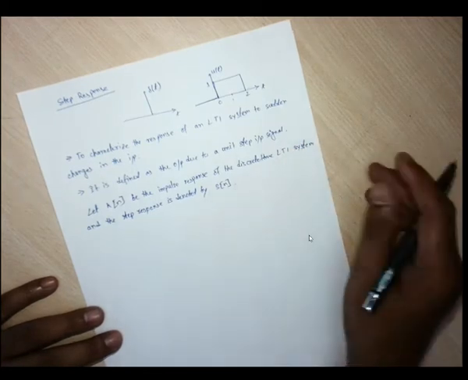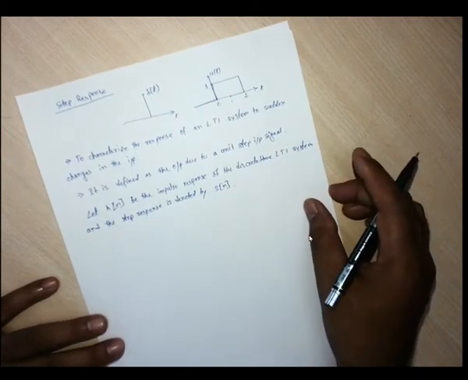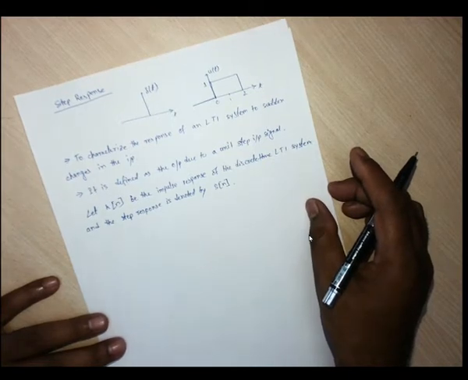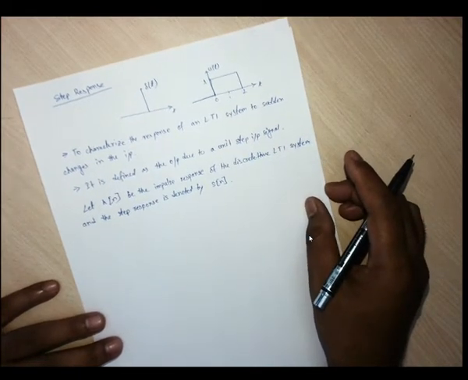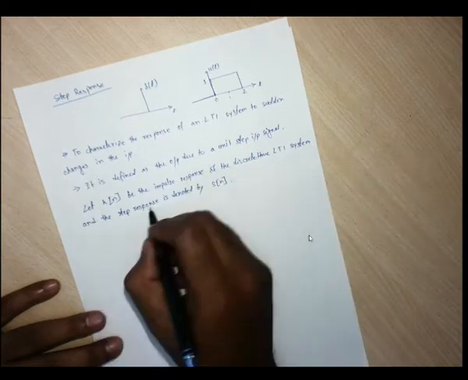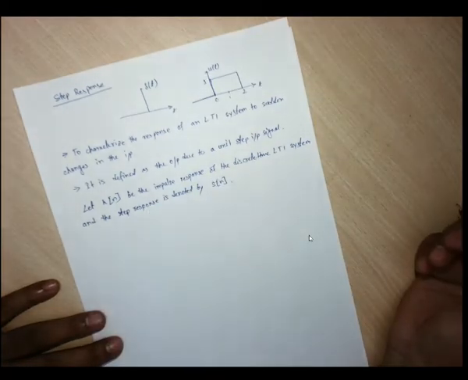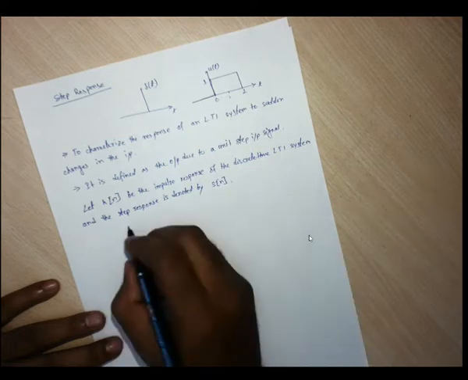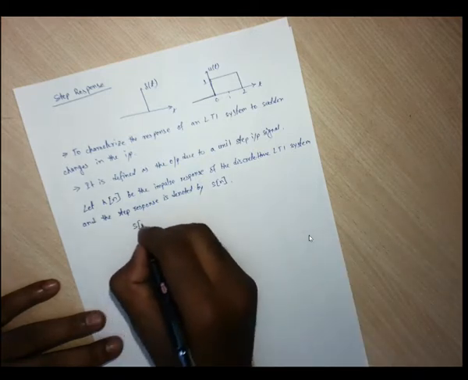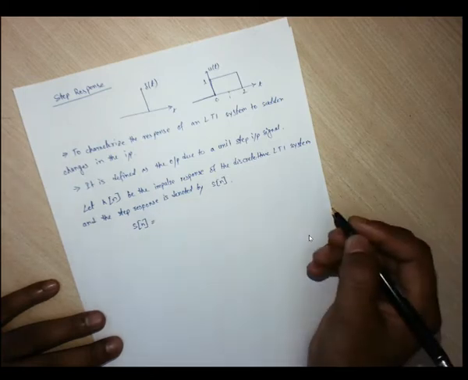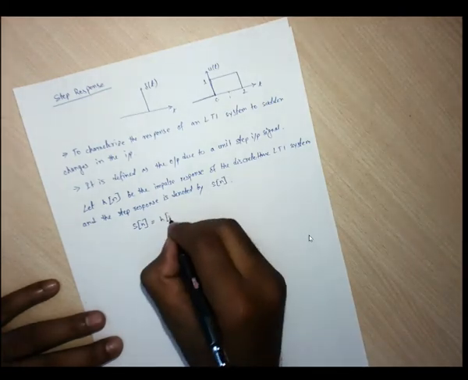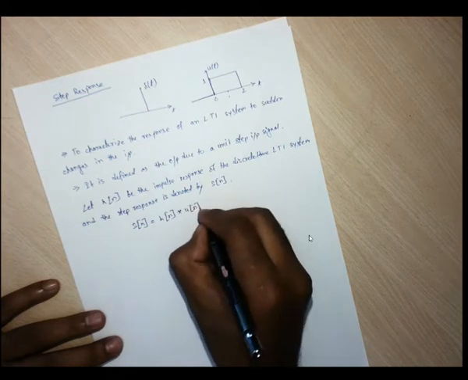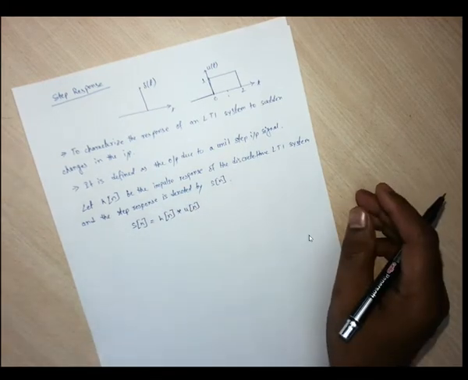What is this s[n]? It is the response of this LTI system when the step is the input, right? This h[n] is the system parameter when an impulse is given. So we can say the step response is the impulse response convolved with the step input. Just try to understand.